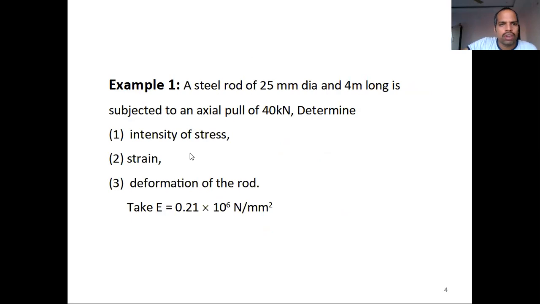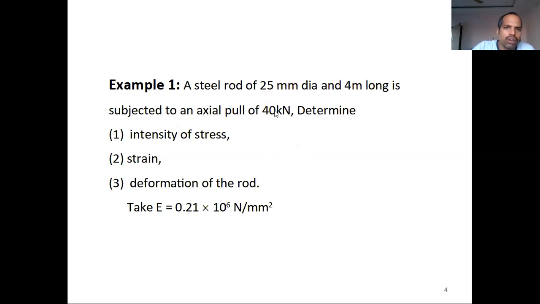Determine the intensity of stress, strain, and deformation of the rod. So what do we have to calculate? What is given? Just see, steel rod of 25 mm diameter, right? Diameter is given, means you can calculate the area of cross section. Next, length is 4 meters. So length of the member is given as 4 meters, so you can calculate the area, and length is given.